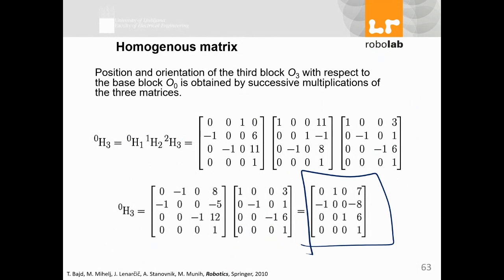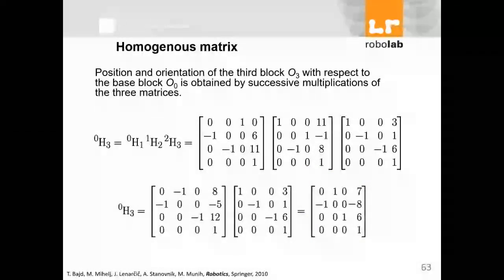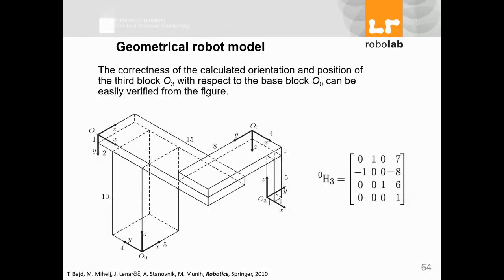This is your homogeneous transformation matrix between the base and the manipulator, or end effector of your robot, in this system. Okay, any question? I think I made you tired, huh?